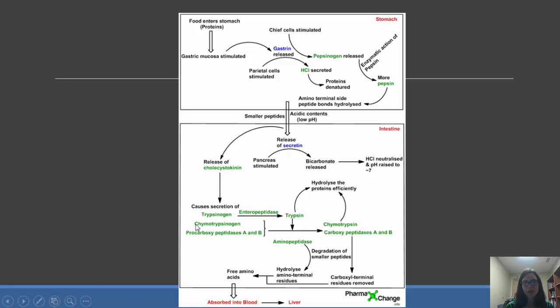Trypsin helps to convert other proenzymes to their active form, and these enzymes are used to hydrolyze the proteins into smaller peptides. So then we have hydrolysis of the carboxyl terminal end and of the amino terminal end, and eventually we get our very small peptides and our free amino acids, which then are absorbed into the blood and go to the liver.